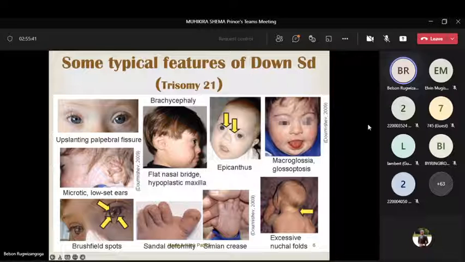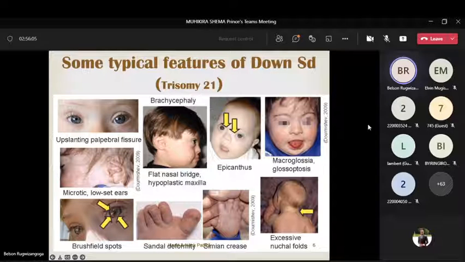Other signs are the epicanthus and flat nostril, hypoplastic maxilla. So the maxilla is small as compared to the mandible. Upslanting palpebral fissures, so the eyes are oblique, like you see here. Instead of being somehow horizontal, this is like this.